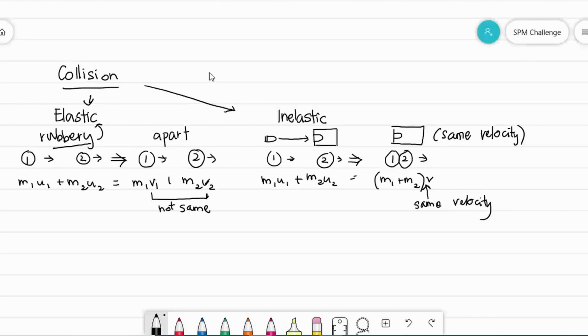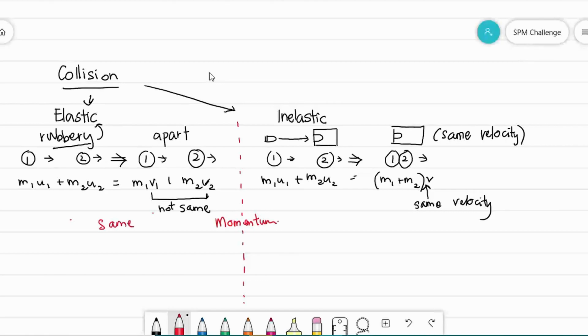So what is the difference between the elastic and inelastic? We would like to compare them. In terms of the momentum, in elastic collision the before and after is the same.